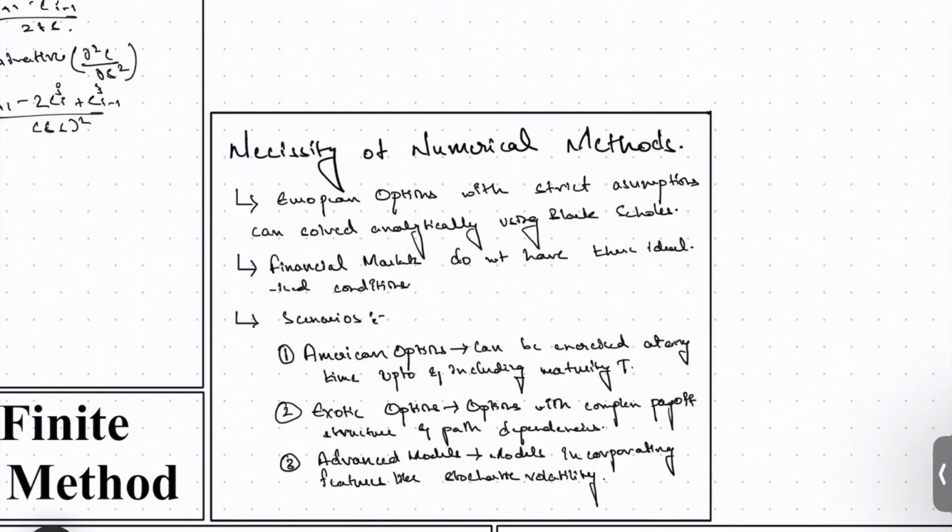This closed-form solution provides a direct and efficient way to calculate the option price. However, the financial world is filled with derivative contracts and market conditions that violate these idealized assumptions, rendering the analytical formula inapplicable. Numerical methods become indispensable in these more complex and often more realistic scenarios.